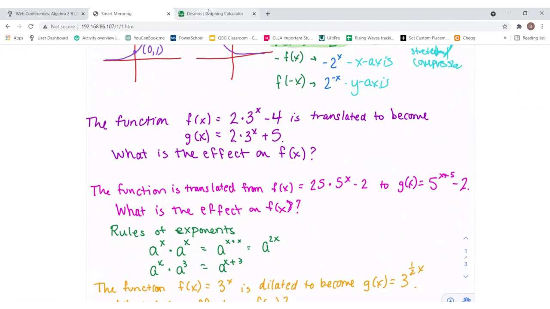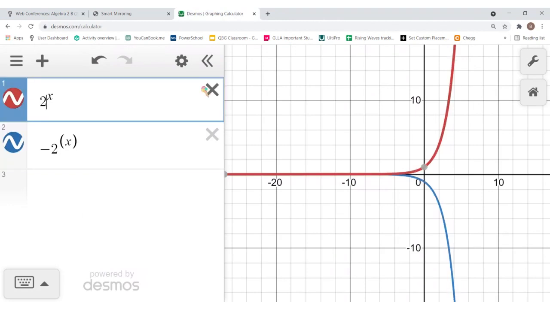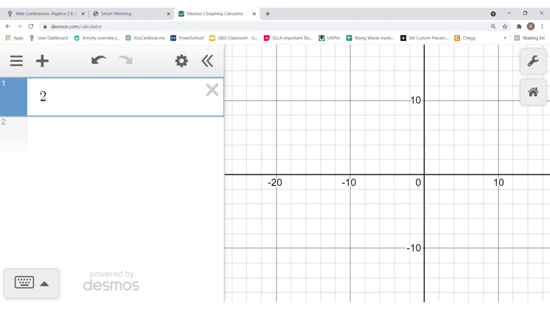So I'm just going to clear these out. We had 2 multiplied by 3 to the x, and then subtract 4.